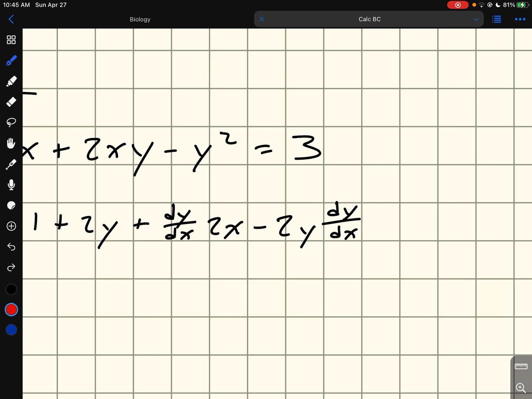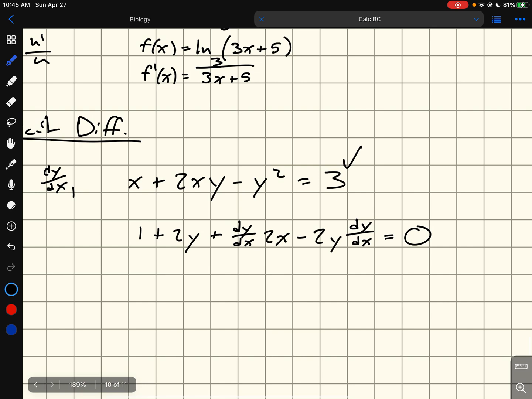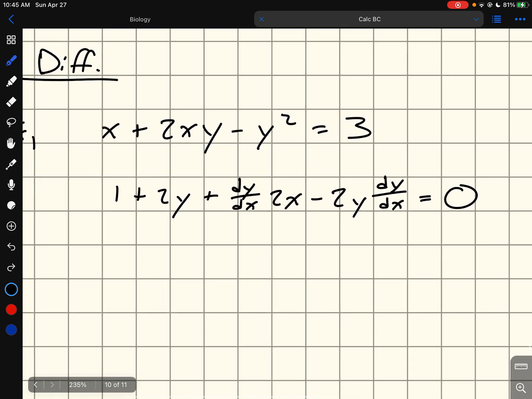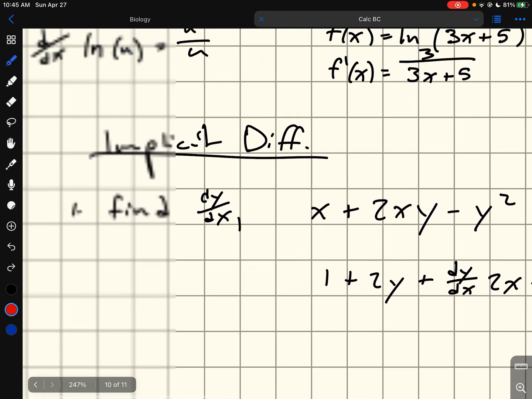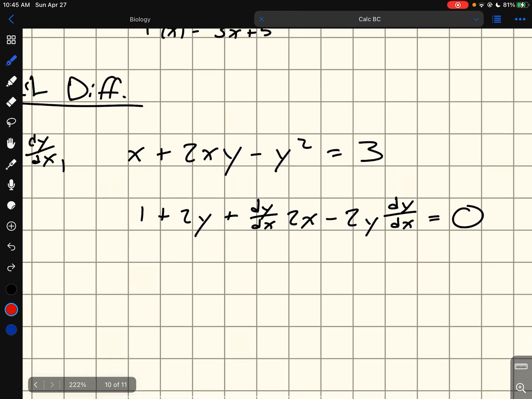So it's kind of like a chain rule. It is a chain rule. And the derivative of 3 is 0. Don't forget to take the derivative of that 3, because if you don't, it's how a lot of people miss easy points.